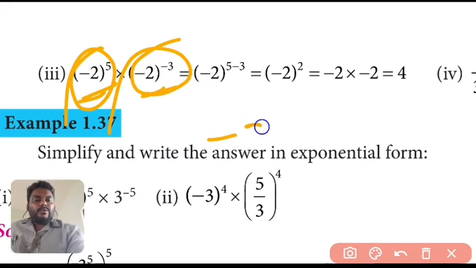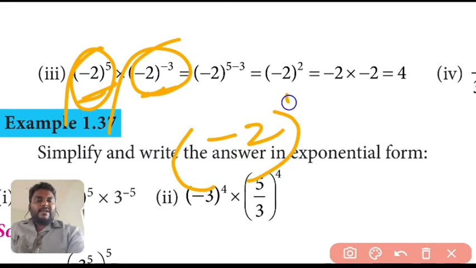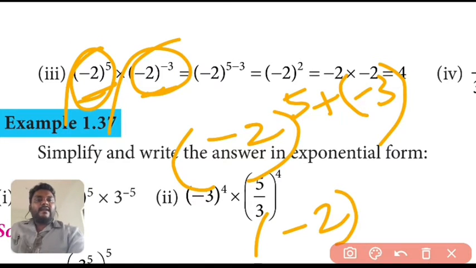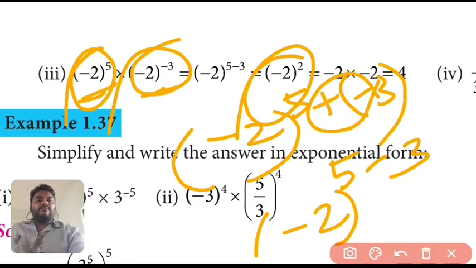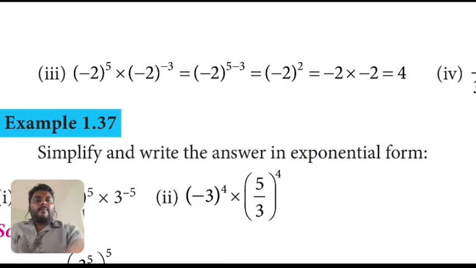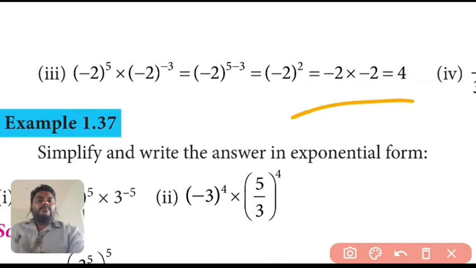Minus 2 is the base, the first power is 5 plus the second power minus 3. So minus 2 power 5 minus 3, value 2. So the remaining is minus 2 into minus 2, that is minus 2 whole square. Minus into minus is plus, 2 2s are 4.